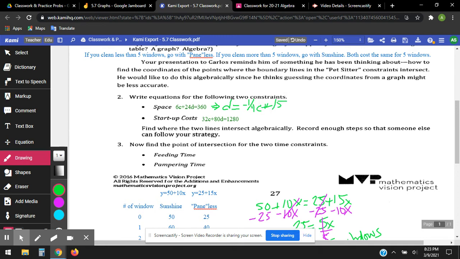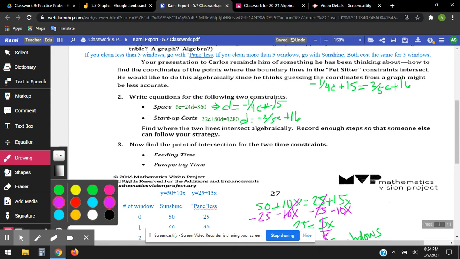And then the startup costs ended up being d equals negative 2/5 c plus 16. So now they're both d equals, so I can make them equal to each other: negative 1/4 c plus 15 equals negative 2/5 c plus 16.